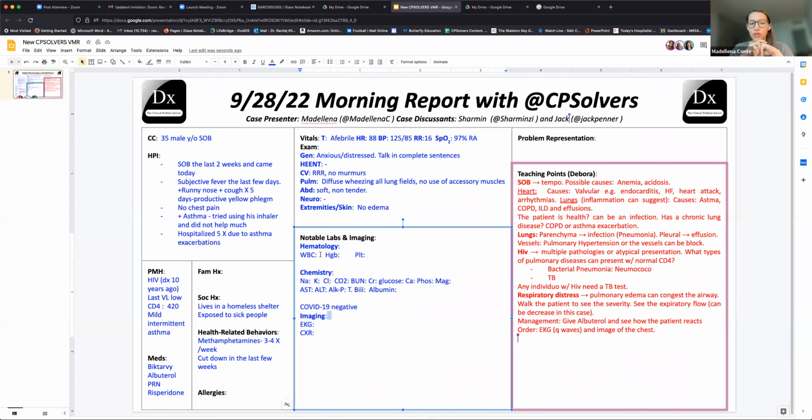So labs were drawn. While those were pending, we got a member of the team to walk him to imaging. We got a chest X-ray because the concern at this point is, was this an asthma exacerbation or was this a pneumonia? About an hour later, that came back as clear.